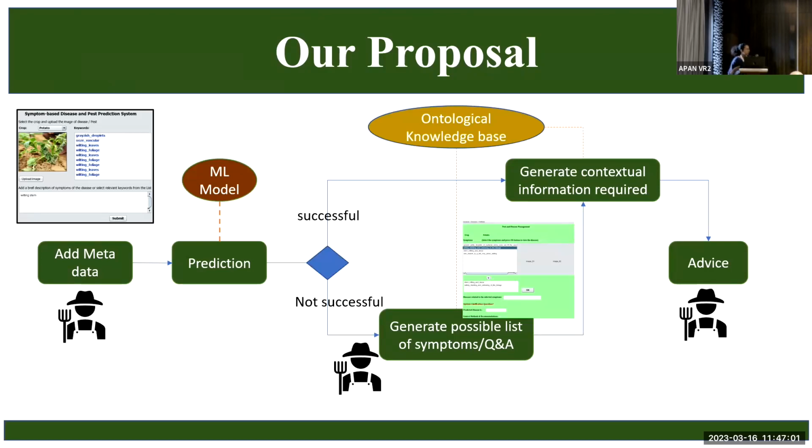If the machine learning model does not successfully detect the disease, we again try to get help from the ontology, because the ontology has a lot of data related to the disease and prevention methods. So we thought to give farmers a simple interface to access the ontology and finally to give the advice.